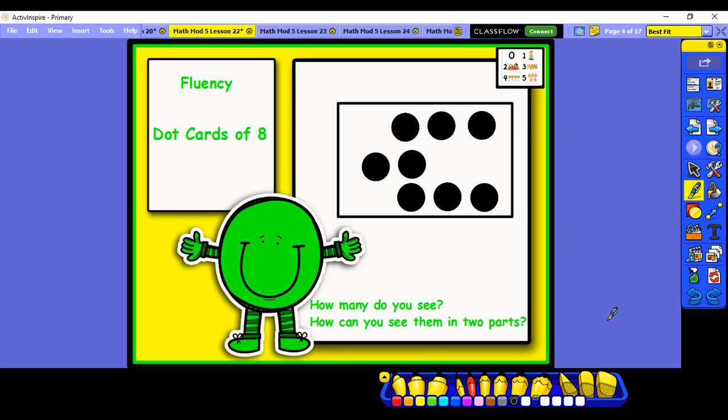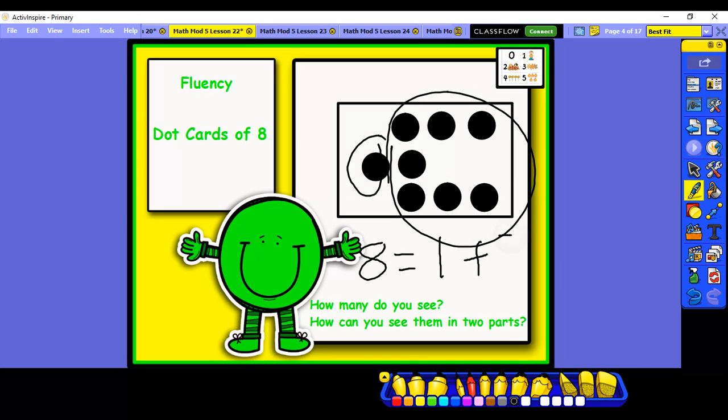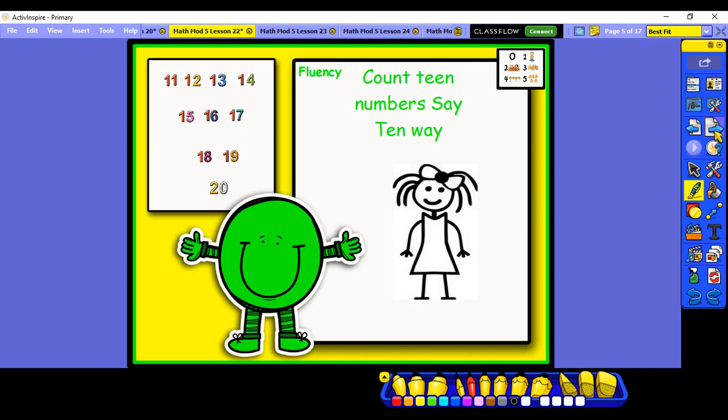If someone said, I see a group of 1 and 7, what would that number sentence be? Good job. We could say 8 is 1 plus 7. Kiss your brains. What a great job you're doing with our dot cards.